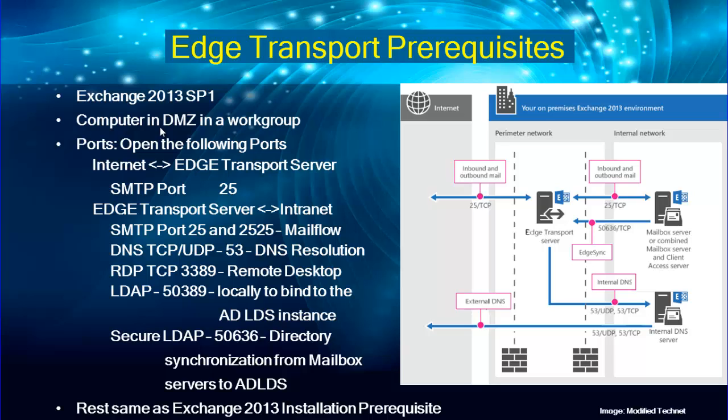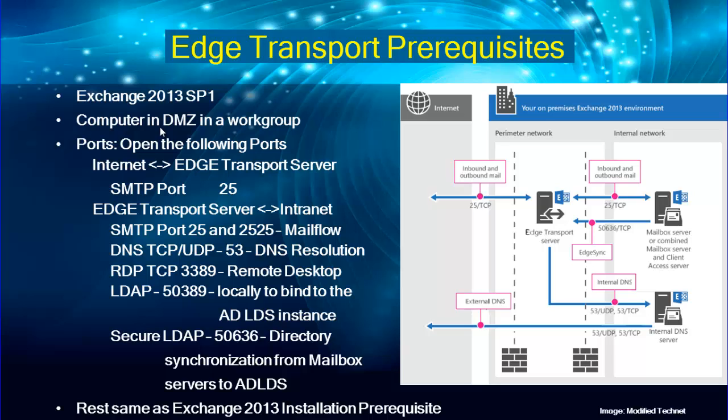Anyways, if you want to install Edge Transport Server in your environment, it's very easy if you know how to do it. So these are the prerequisites for Edge Transport Server. Edge Transport Server did not come before Exchange Service Pack 1, so we need to have the Exchange 2013 Service Pack 1 software.